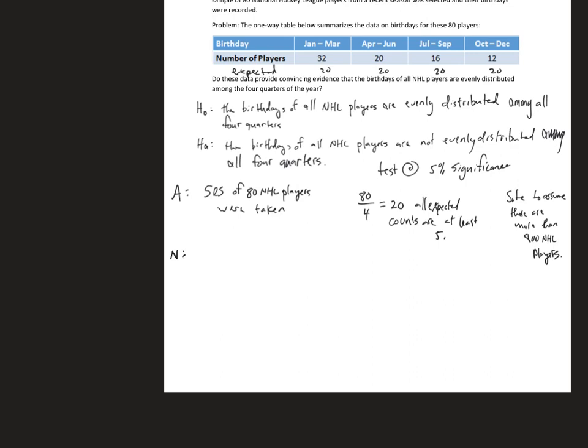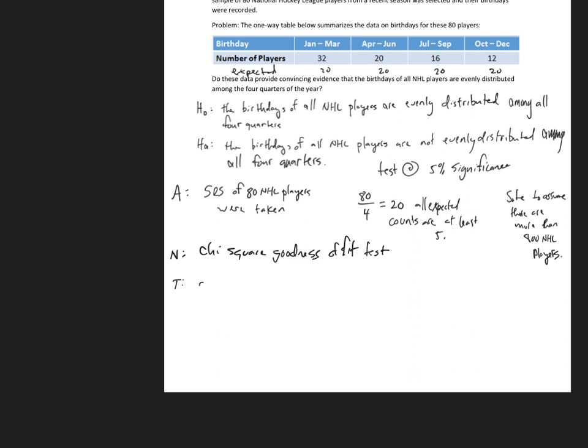I'm going to run a chi-squared goodness of fit test. I want to calculate my chi-squared statistic.